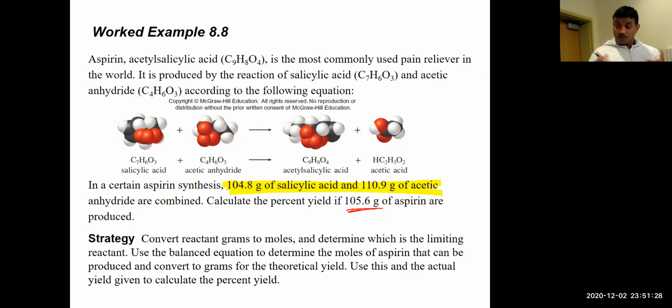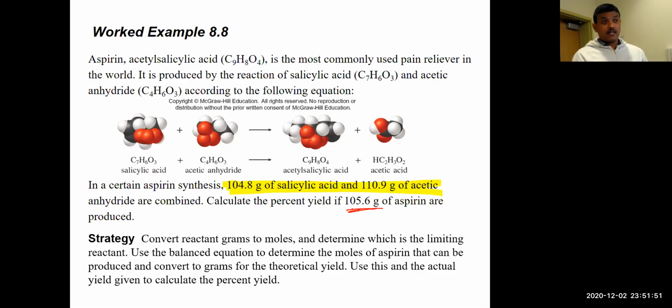So how do you identify the limiting reactant? You convert the masses of salicylic acid and acetic anhydride into moles of salicylic acid and moles of acetic anhydride, and you compare how much acetic anhydride you need for 1 mole of salicylic acid, and compare those numbers of given and expected.